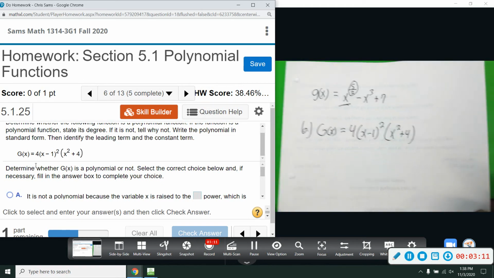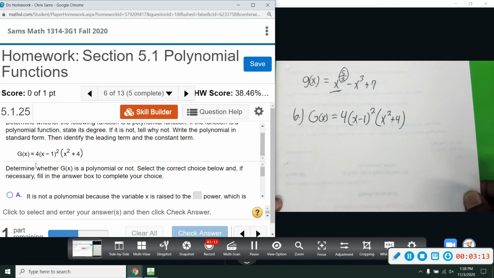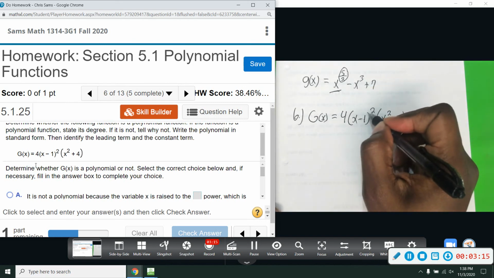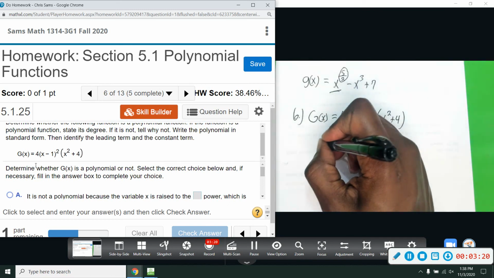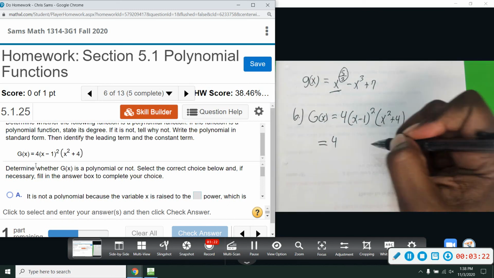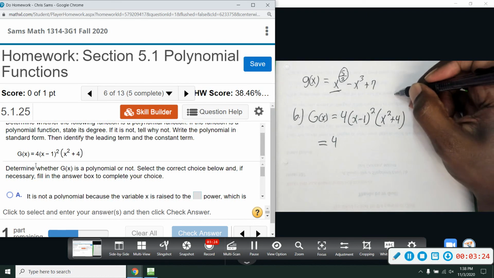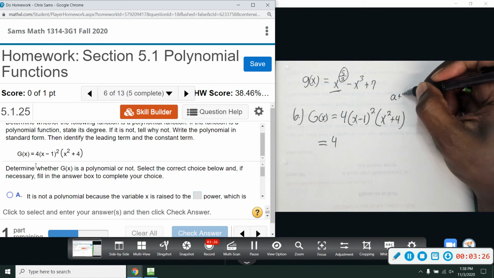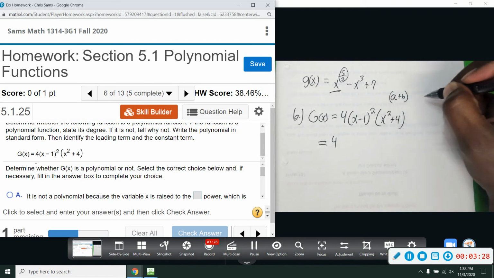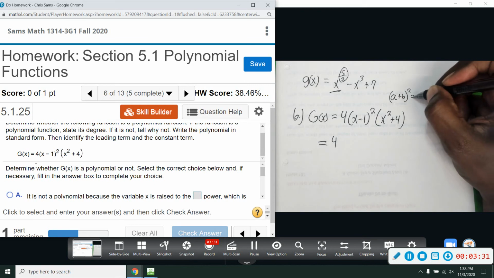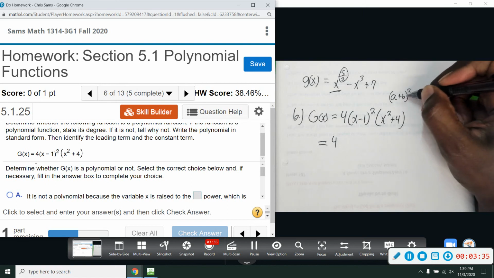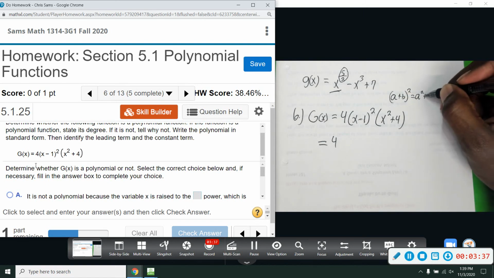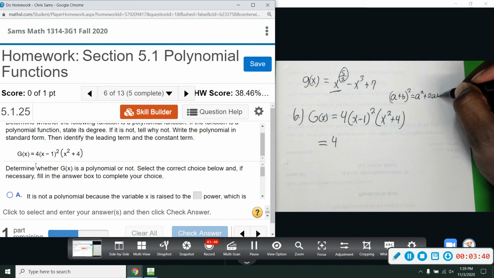Okay, so first we're going to square this out. All right, so you have to do x minus 1 times x minus 1. So I'm going to do that with the shortcut. So what I'm doing, just to remind you, (a plus b) squared: you square the first term, multiply a times b and double it, giving us 2ab, and then b squared.